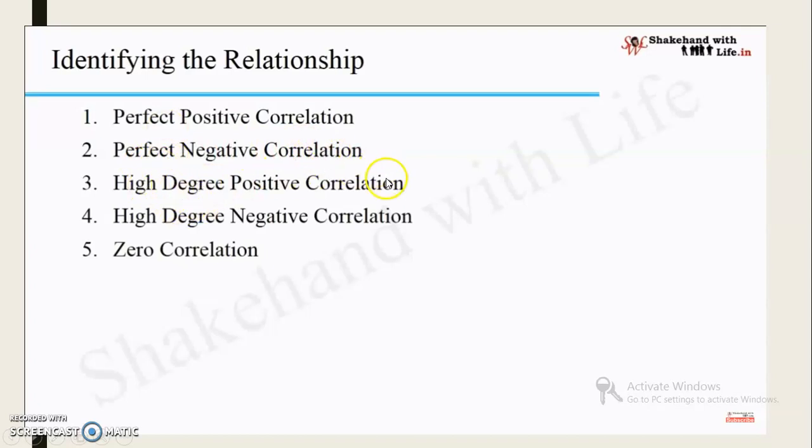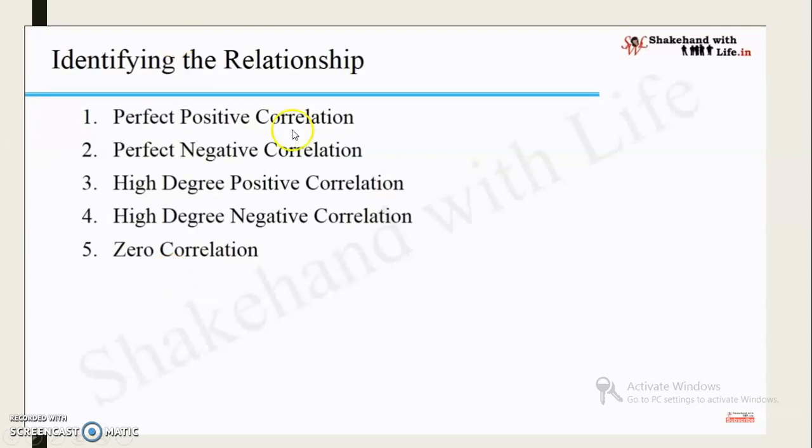High degree positive correlation, right? So the fitment of data is very accurate, we can say here. High degree of negative correlation, and last is zero correlation, means between input and output there is no definite relation that can be established to predict output from a given input.